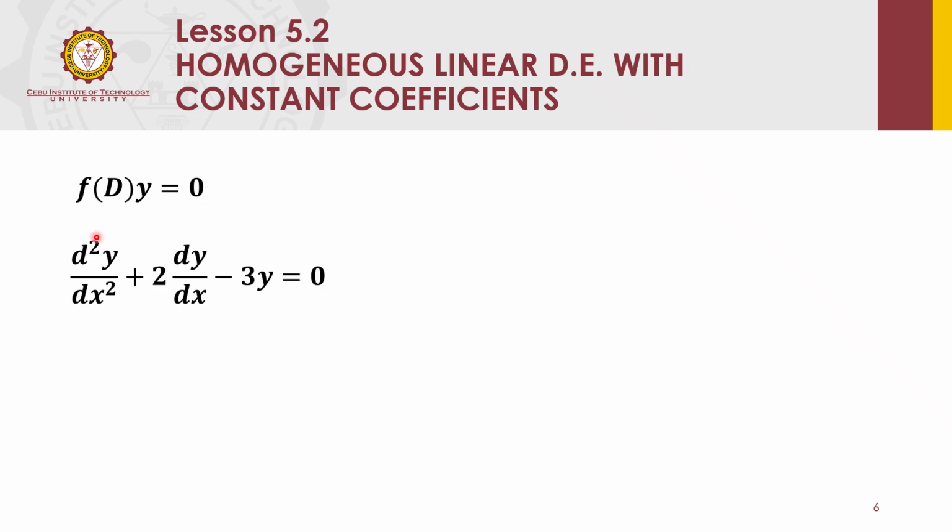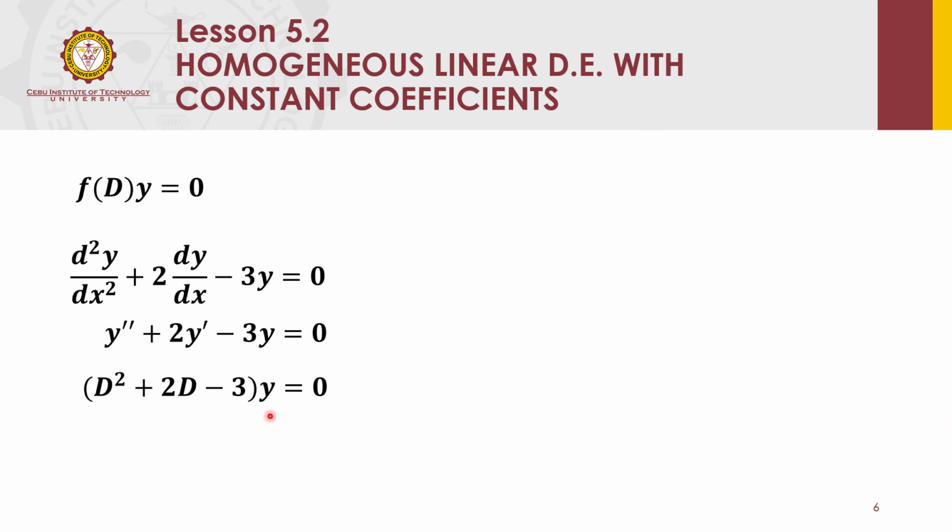For example, if we have the second derivative of y with respect to x plus 2 times the first derivative of y with respect to x minus 3y equals 0, we can write this another way using the y prime, y double prime notations. Or if we're using the differential operator, then we simply write letter D and then the order of the derivative.